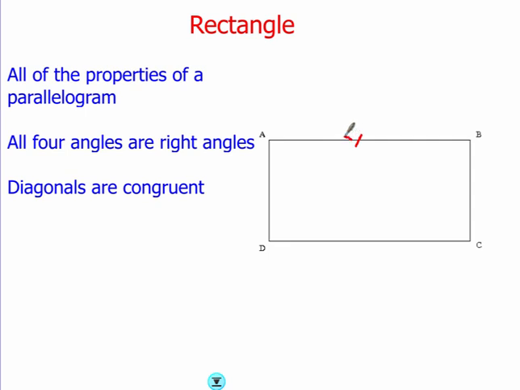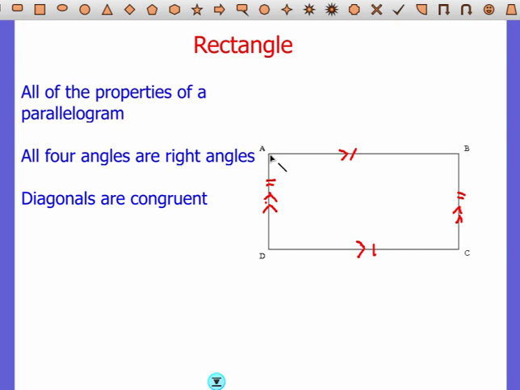Opposite sides are both parallel and congruent, and our diagonals are still going to bisect each other.